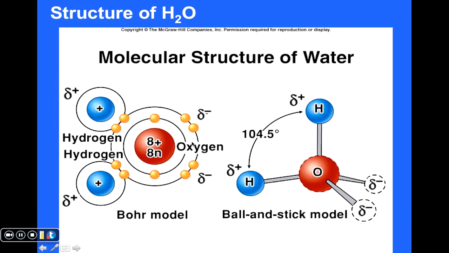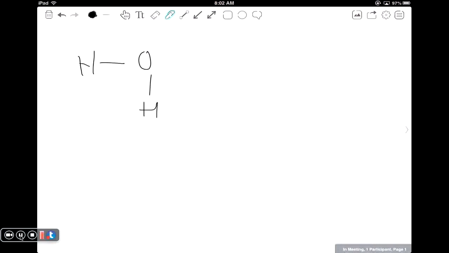Well, as a result of this unequal sharing of electrons, the oxygen tends to have a slight negative charge, whereas the hydrogens have a slight positive charge. So let's illustrate that in just a moment. If we sketch out a water molecule, very schematically, H2O, so two hydrogens.